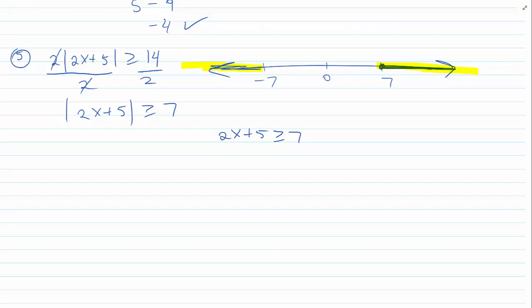So one of them you are right, 2x plus 5 greater than or equal to 7, and the other one is going to be 2x plus 5 less than or equal to negative 7. You got it. So it's greater than a positive and less than a negative. That's when it's greater. Some of you still look puzzled.